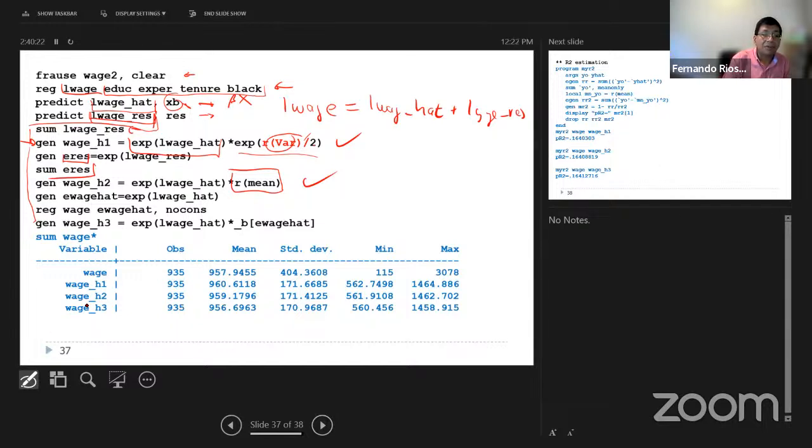So I run my regression of the original wages against the exponentiation of my predictions with theta constant. My third prediction of wages is just wages times that slope.